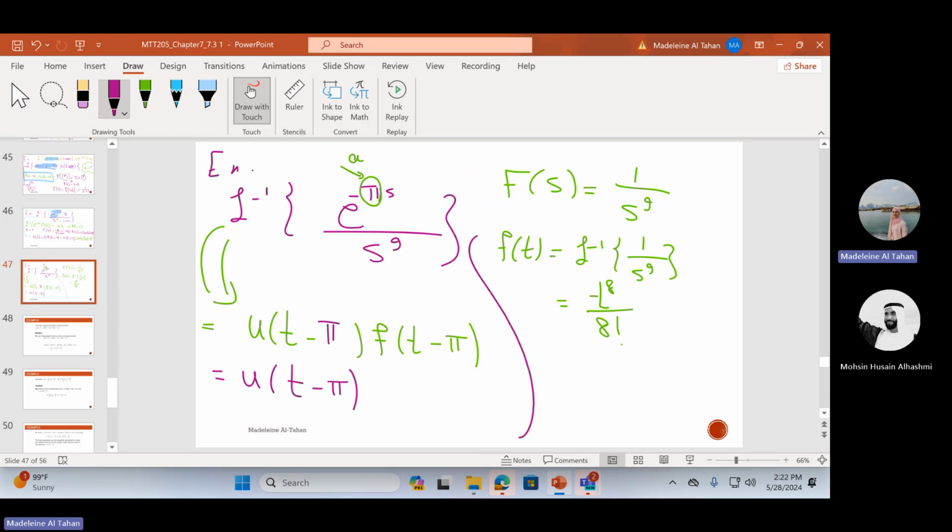So f of t is t to the power 8. So what will we get here? t to the power 8 over 8 factorial, and instead of this t, we will put t minus 5. Do not simplify or expand. This answer is accepted. Please keep it this way.